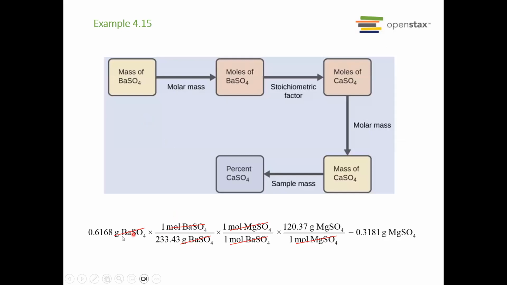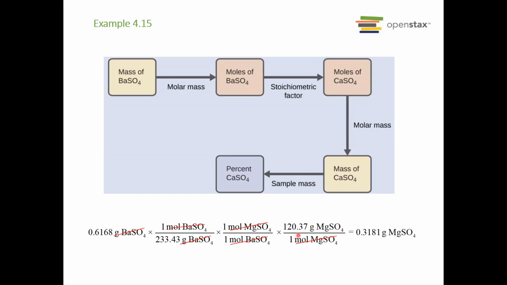If we see those steps drawn out here, starting with grams of that substance, we use the molar mass with grams on the bottom, which converts to moles of barium sulfate. In this case, it's 1:1 for the mole-to-mole ratio because the coefficients in that balanced chemical equation were 1:1. And then finally, we're using the molar mass of magnesium sulfate.